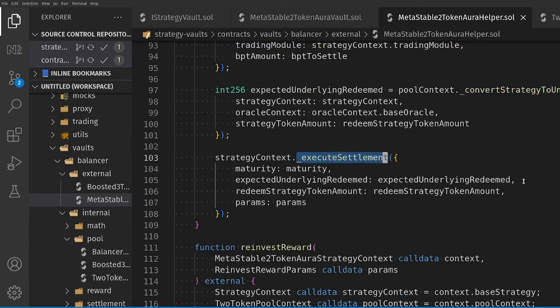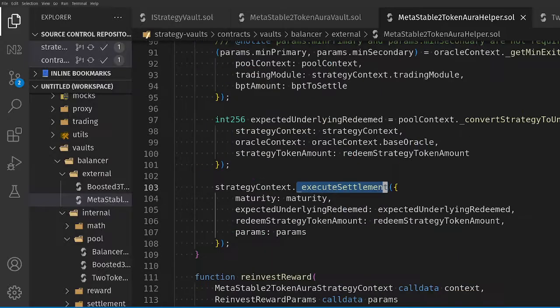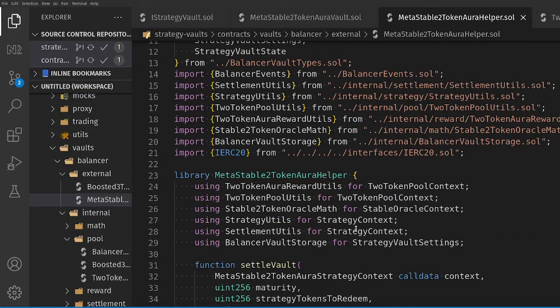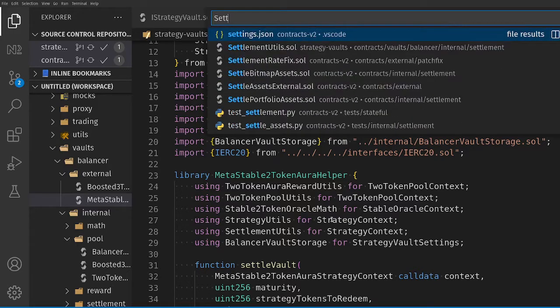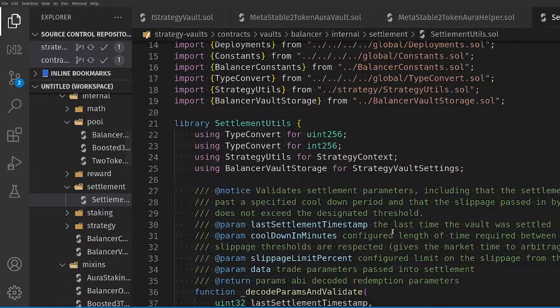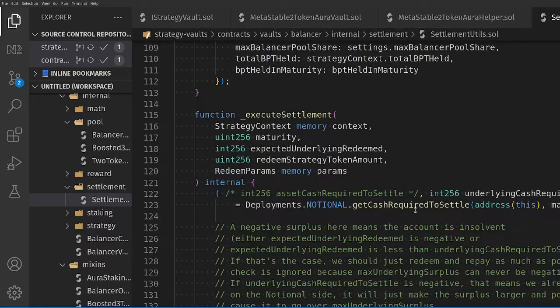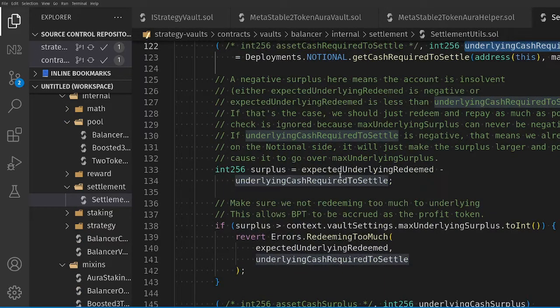And then what we'll do is execute the settlement on these using settlement wrest, right? So we'll get how much cash is required to settle.